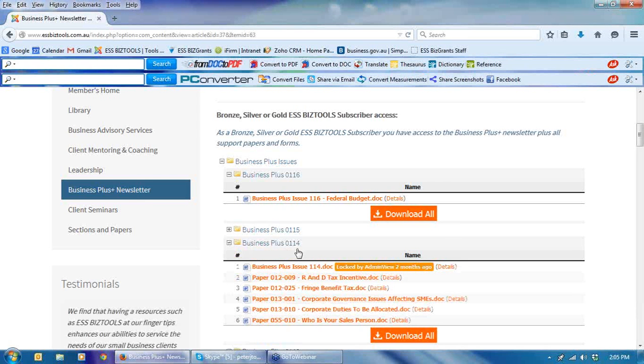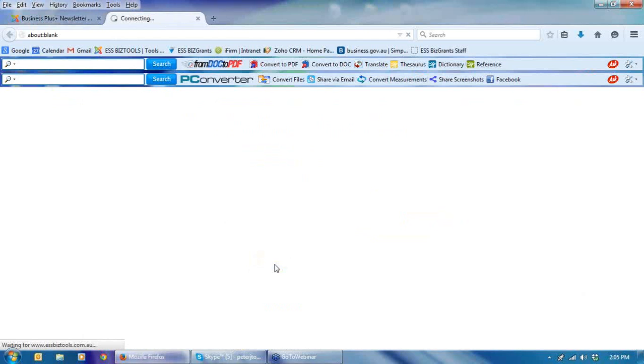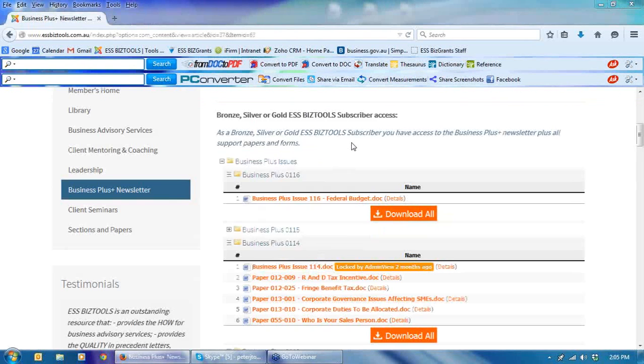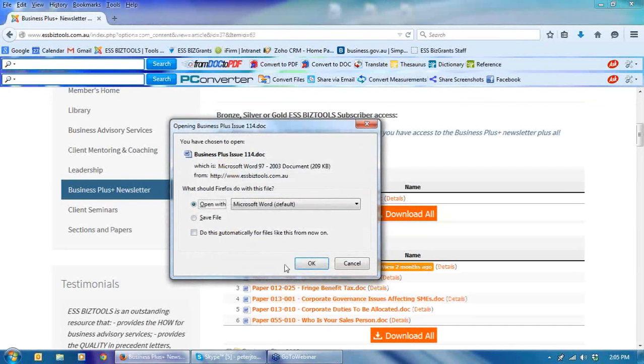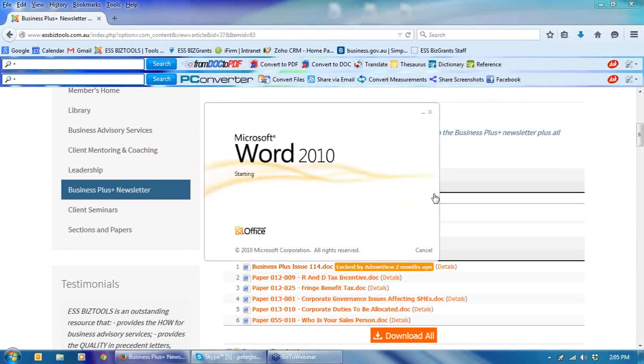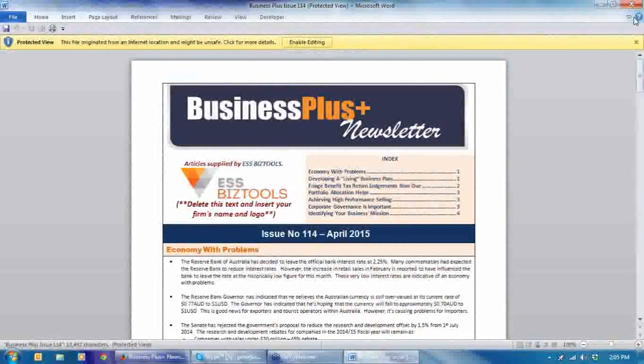If we go back to the previous issue, we will find a normal monthly edition of Business Plus. Once again, you'd remove the article supplied by ESS BIZTOOLS.